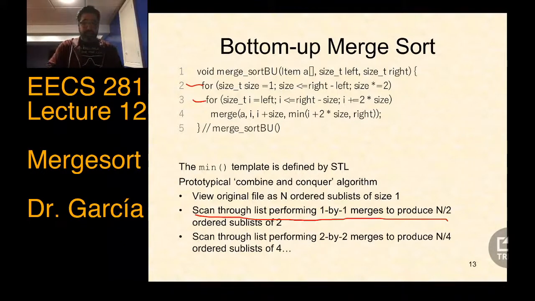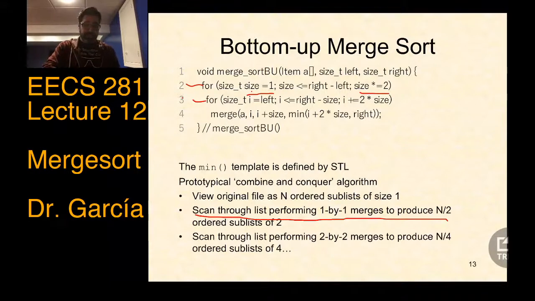If you look at the external for loop, which is in line 2, this is the current size of the sublist that I'll be looking at, and on each iteration we do size times equals 2. Because if we're looking at halves each time of the array, then the size of what we're looking at should be starting at 1, then increasing times 2 each time.